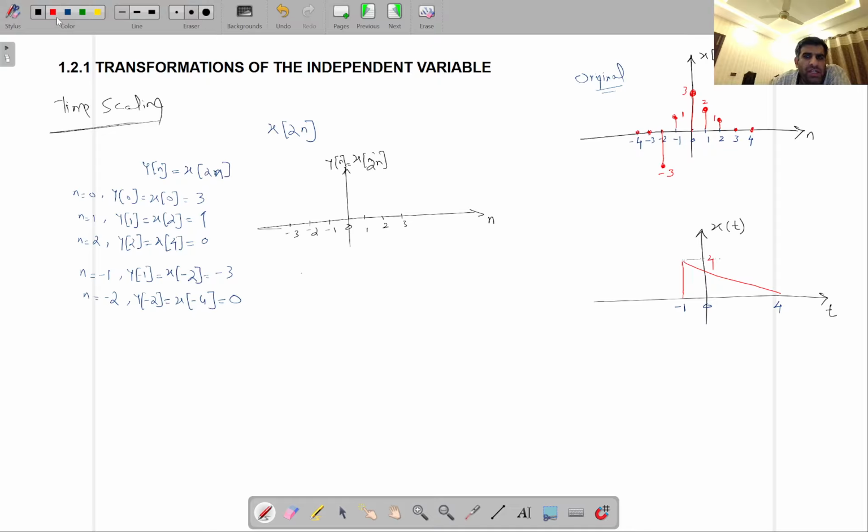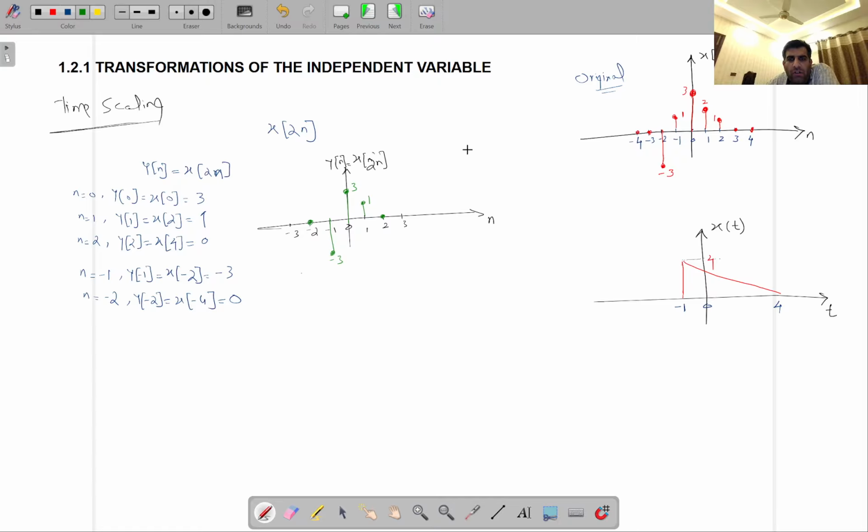Let's plot the samples now. y of 0 is basically 3. y of 1 is 1. y of 2 is basically 0. y of minus 1 is minus 3. And y of minus 2 is basically 0.